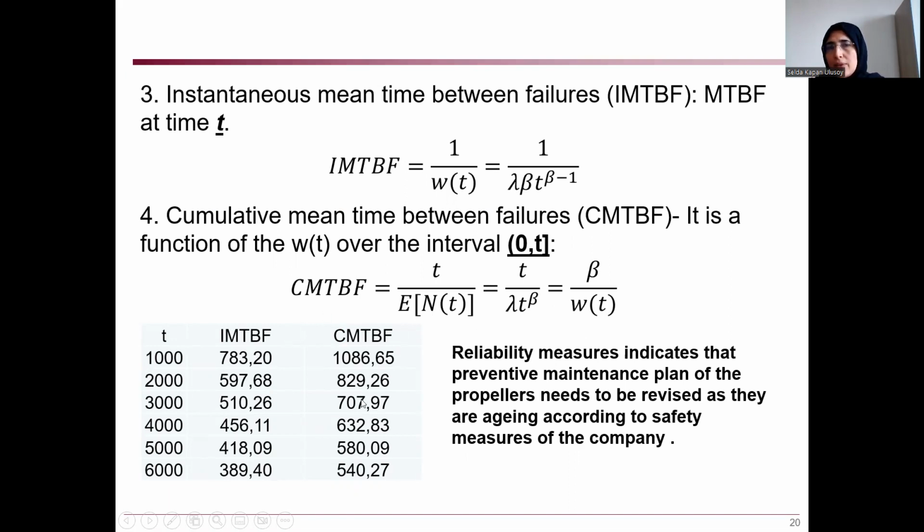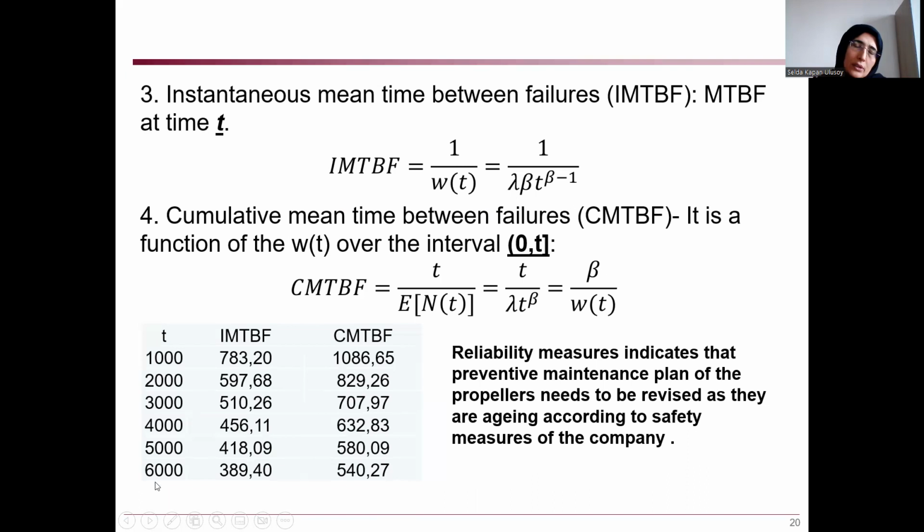You should keep in mind that CMTBF here, for example on the third row, is the cumulative mean time between failures over the interval 0 to 3,000. Again, as expected, we see that both values are decreasing.